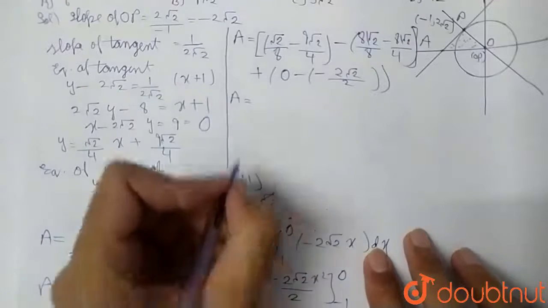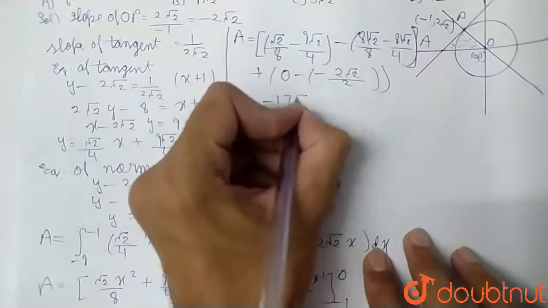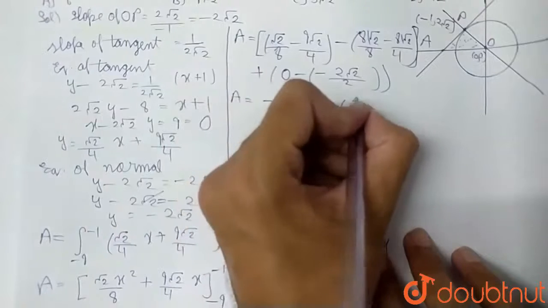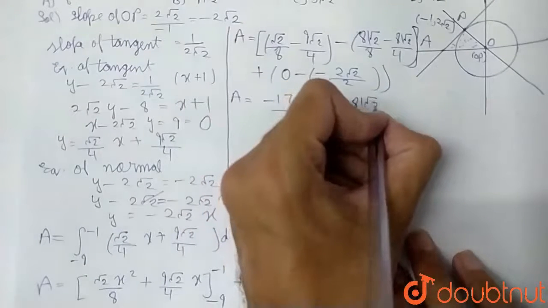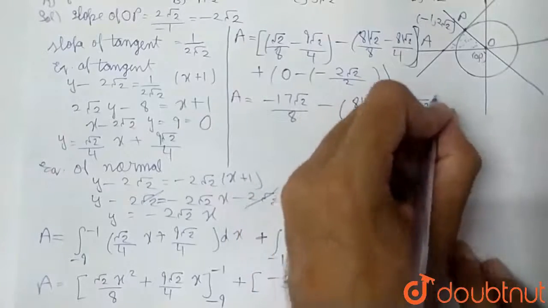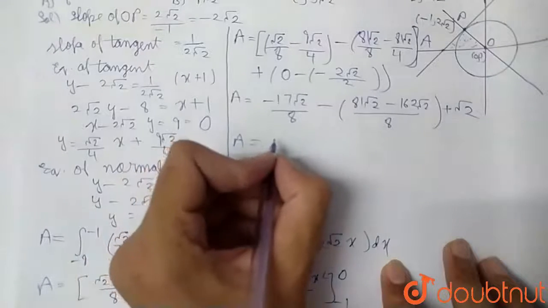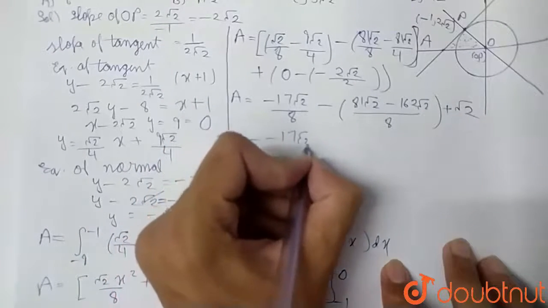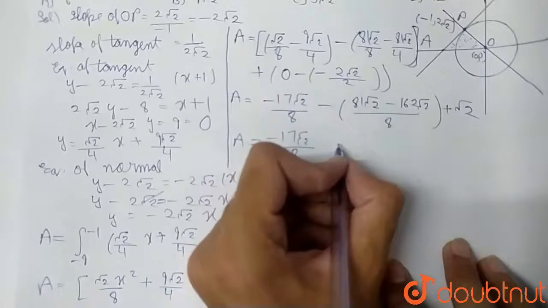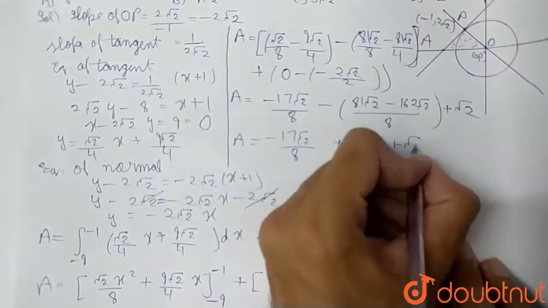By solving, this equals -17 root 2 by 8 plus 81 root 2 by 8 plus root 2.